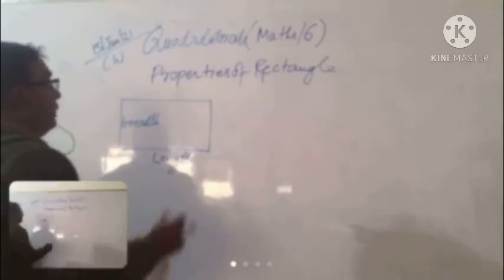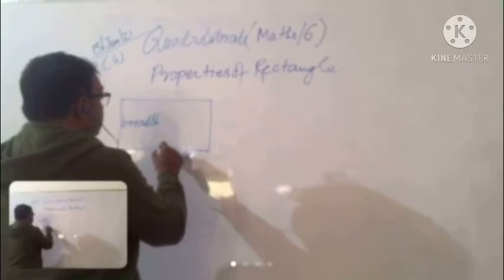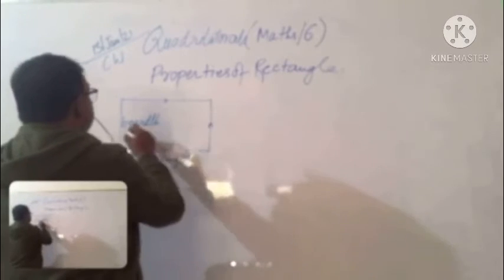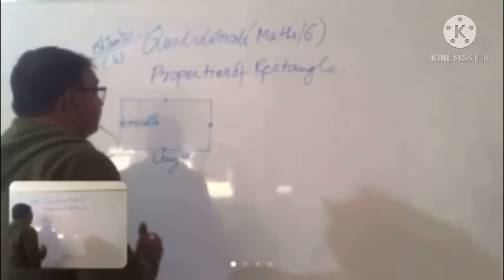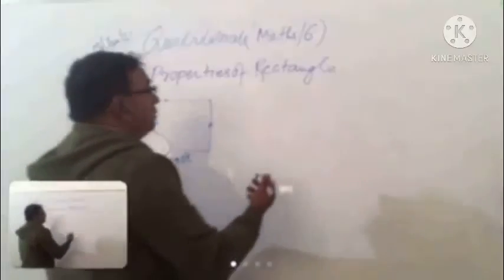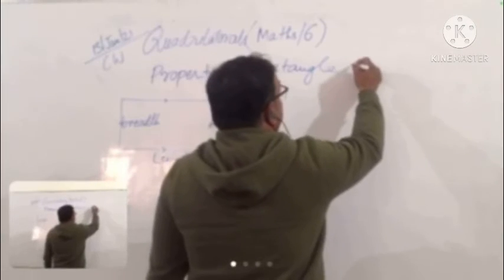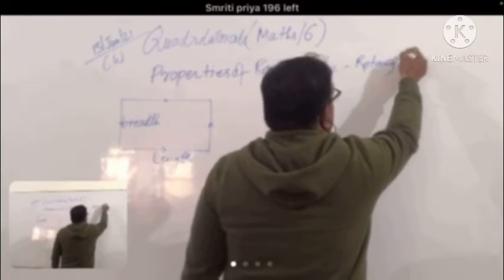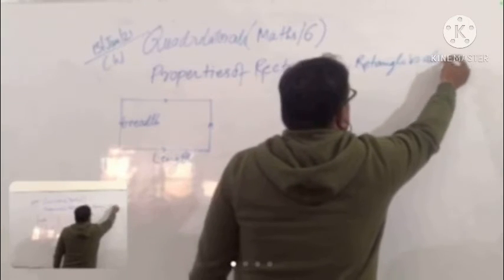In a rectangle, the opposite sides are parallel and equal. So this is the first property, and a rectangle is a kind of parallelogram.